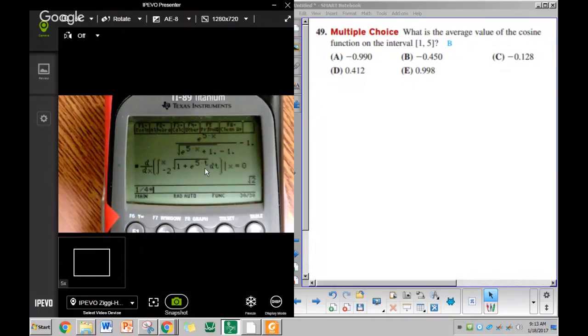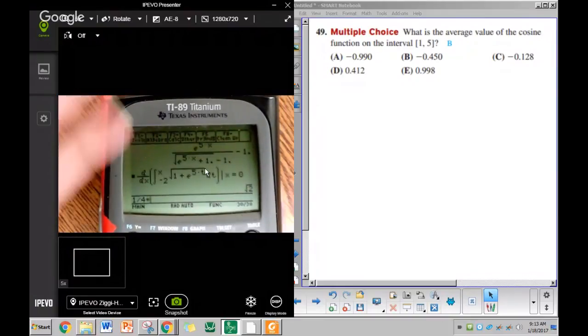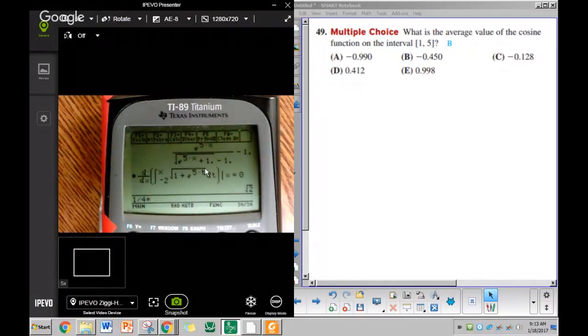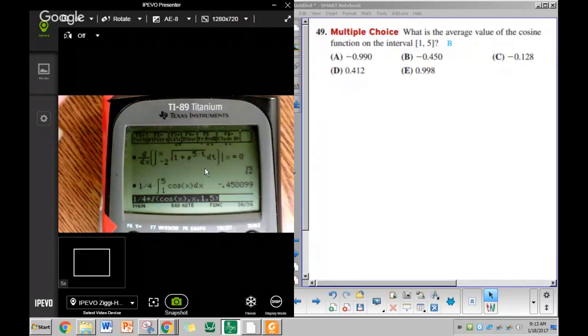We get to the integral by F3 int, or second 7, and then my function is cosine of x, comma x, from 1, comma 5, close parentheses, and I'm in radians, do you notice? Calc is rad, and then I'm going to find the answer to be -0.